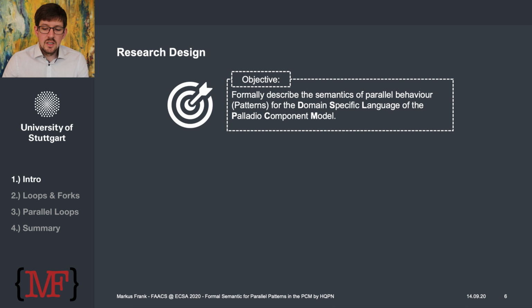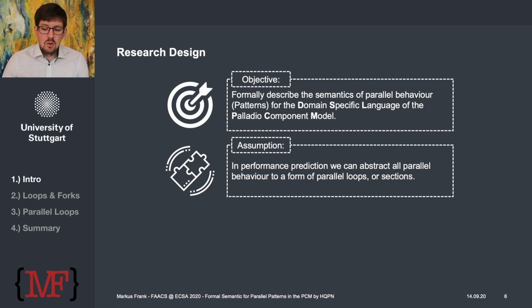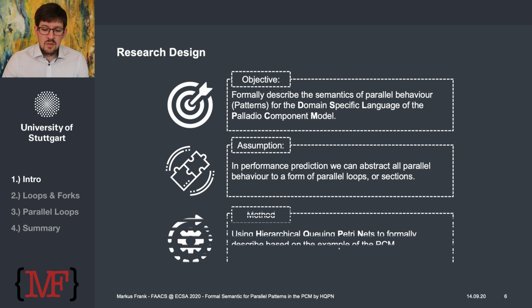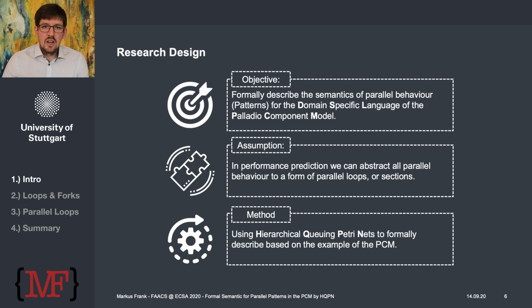Thereby, we assume that all patterns can be broken down to parallel loops or sections. Thus, we only consider thread-based parallelism and no message passing based parallelism. For the specification, we use hierarchical queuing Petri nets.